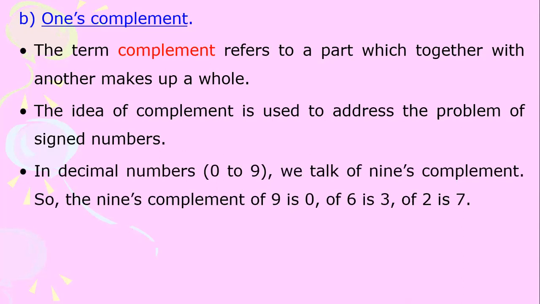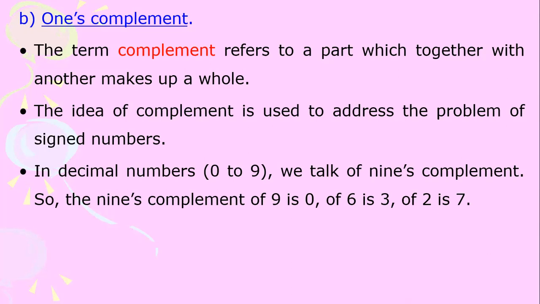In decimal numbers, 0 to 9, we talk of 9's complement. So, the 9's complement of 9 is 0. The 9's complement of 6 is 3. The 9's complement of 2 is 7.